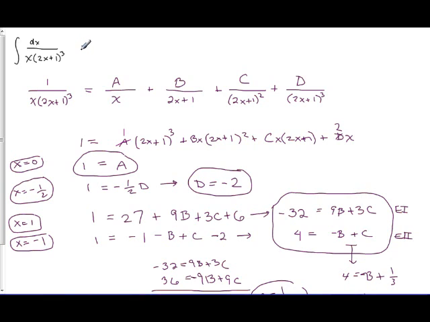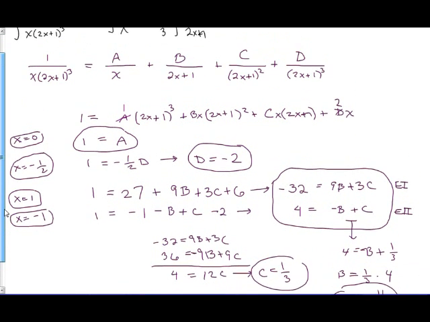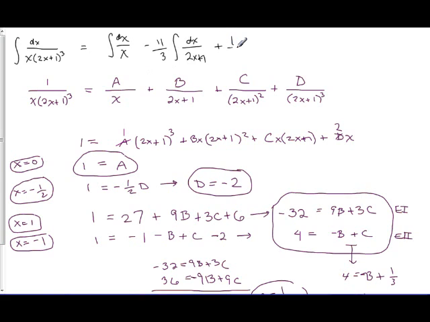So this is equal to a is 1, so the integral of dx over x, and b is minus 11 thirds, so we get minus 11 thirds integral of dx over 2x plus 1, and c is 1/3, so we get plus 1/3 integral of dx over 2x plus 1 squared, and finally d is minus 2, so minus 2 integral dx over 2x plus 1 cubed.